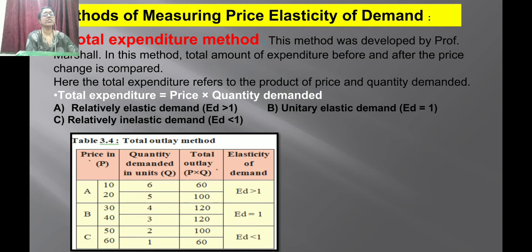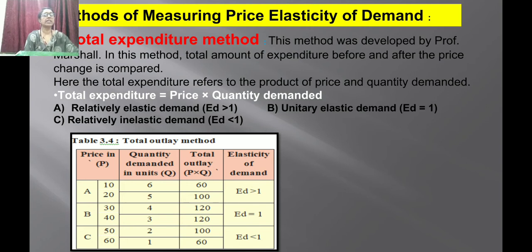Now again from the beginning. For commodity A, we can see 10 into 6 is 60, and when the price becomes 20, 20 into 5 is 100. Now 100 is more than 60, so the elasticity is greater than 1.